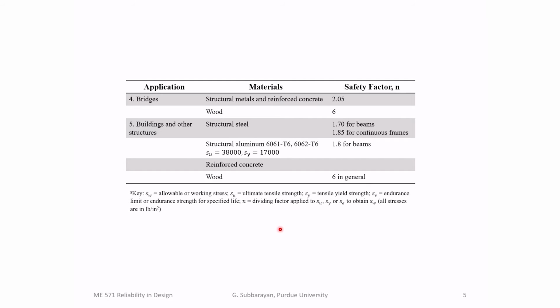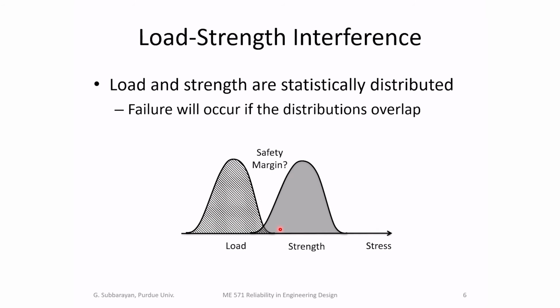What we will do in this course is to try to develop a better understanding of load and strength and identify the population that is at risk. So we'll assume that the load and strength are statistically distributed as they are, and failure will occur if the distributions overlap.